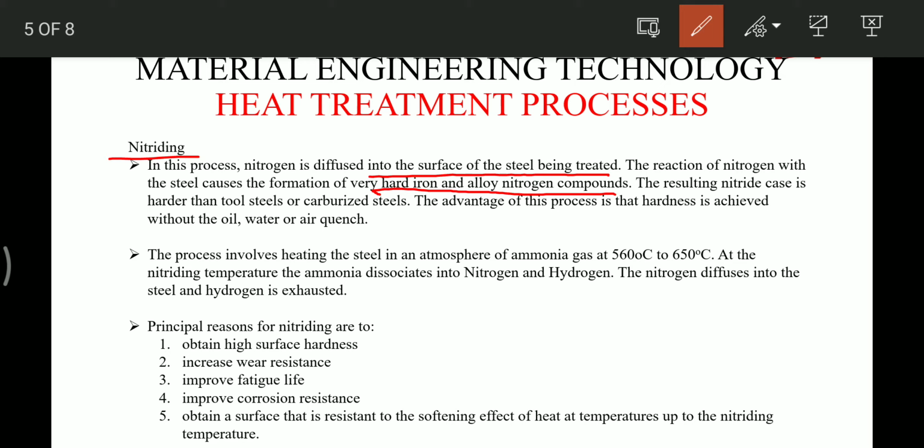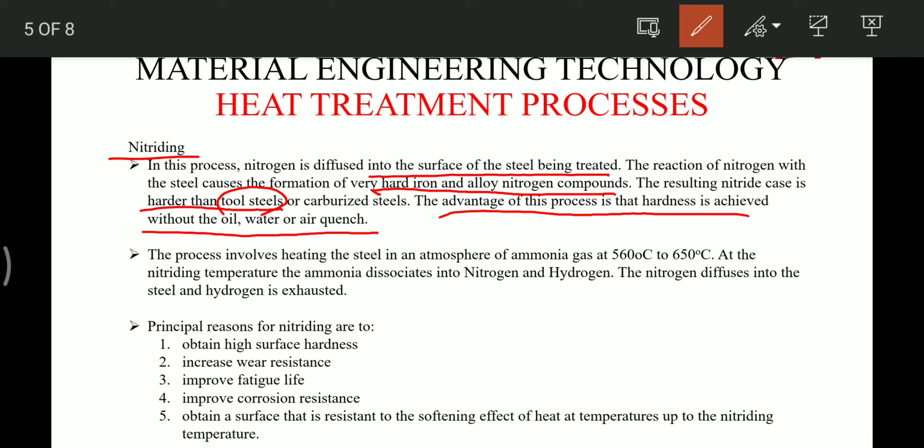The resulting nitride case is harder than tool steels, as we have already studied about the tool steels in the hardening heat treatment process. So the main advantage of this process is that the hardness is achieved without oil or water quenching. So basically in this there are no internal stresses developed.